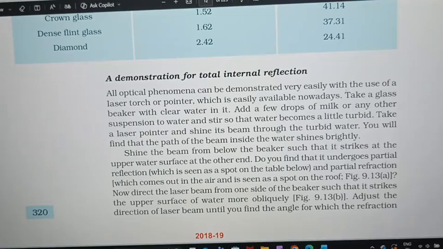Why are we doing this? Basically colloidal solution, because in colloidal solution we have learned in our previous grades that particles are not very small, they're a little bit bigger in size, and they can actually scatter the light. So you can see the path of the light and how it is moving properly. So that's why we are taking the water and milk combination.